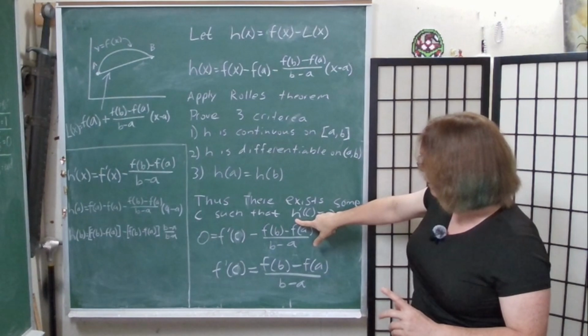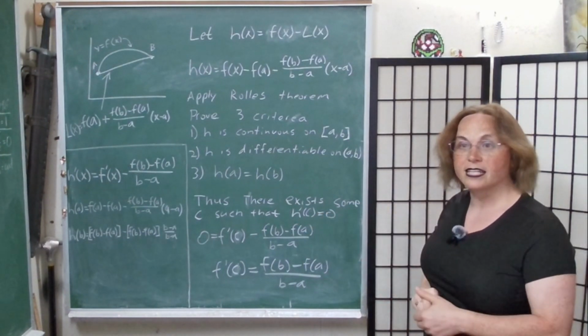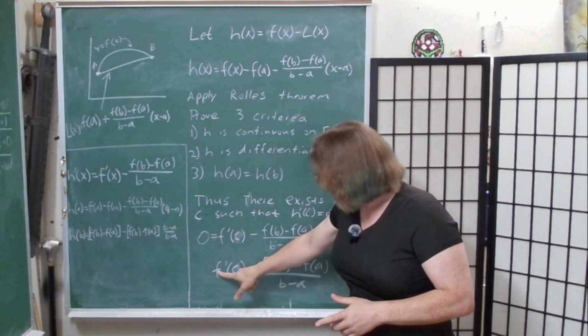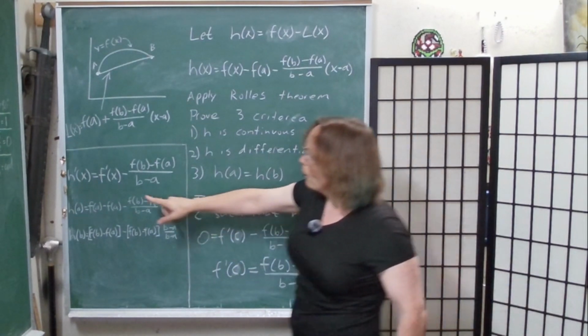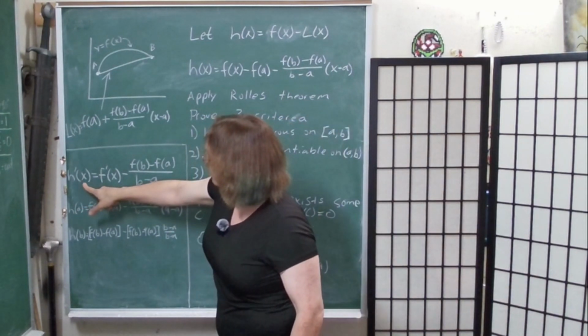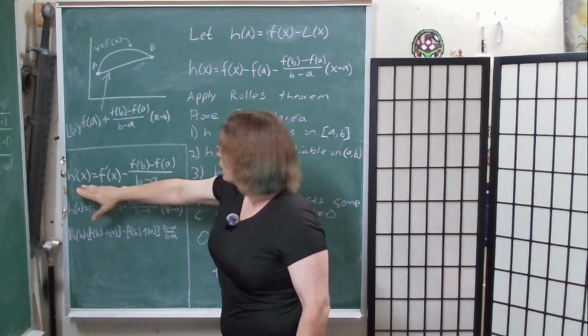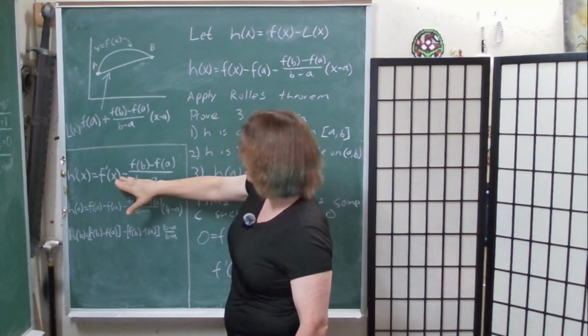such that the derivative of h is equal to 0 at that c. So we plug that in. The h prime of c is equal to 0, but that means that h prime of c, so we plug the c into here, is equal to 0. So we replace this with 0, so 0 equals the f prime of c minus that slope.